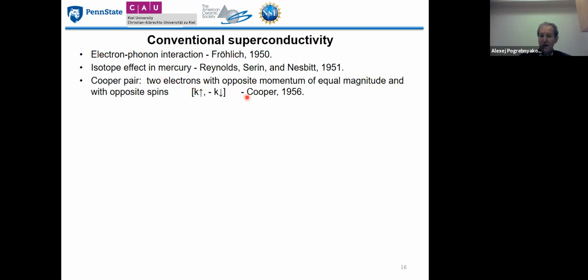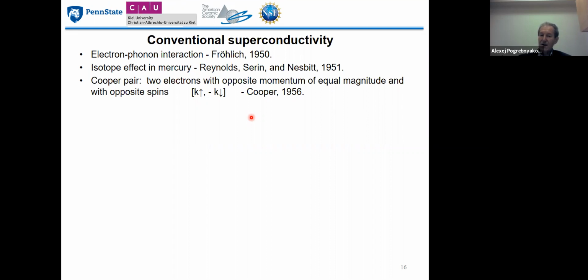And in 1956, Cooper showed, again theoretically, that electrons with opposite momentum and opposite spins would have a strong correlation, and this correlation would depend upon the interaction between these electrons.